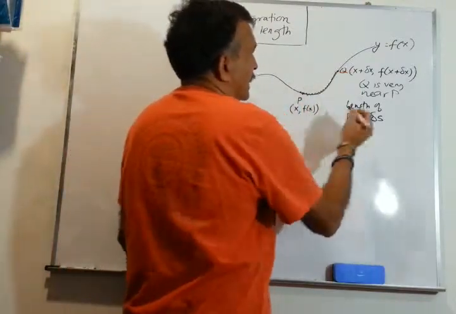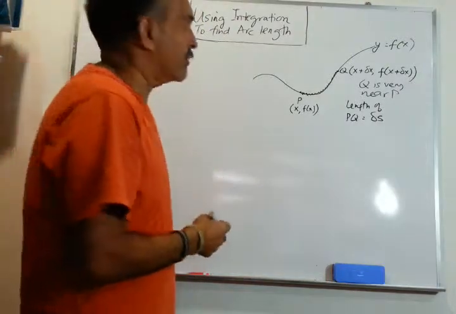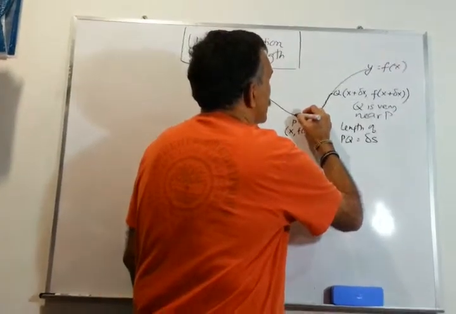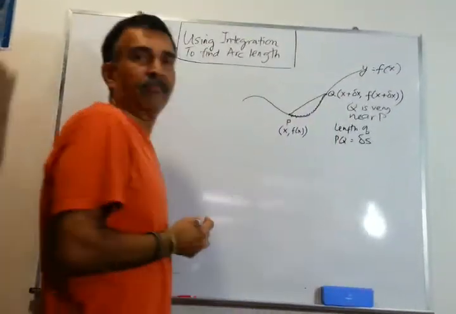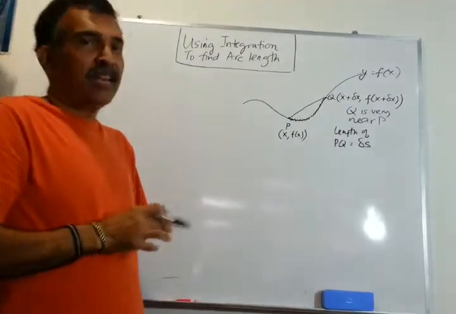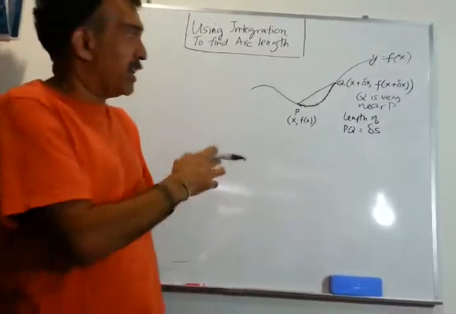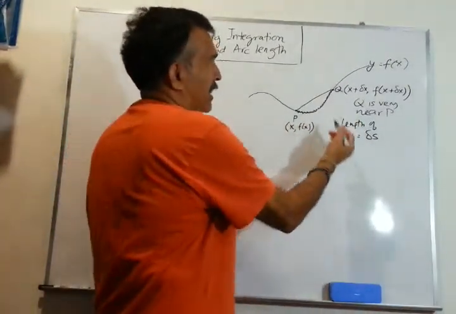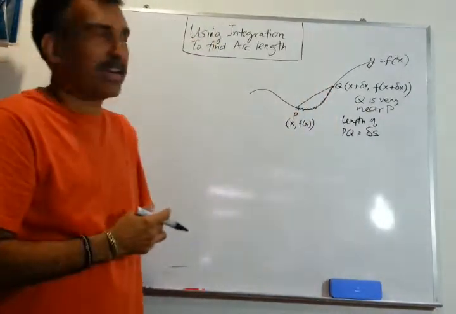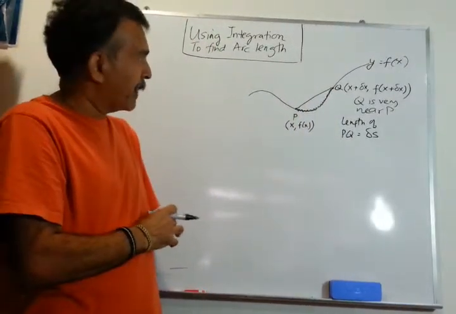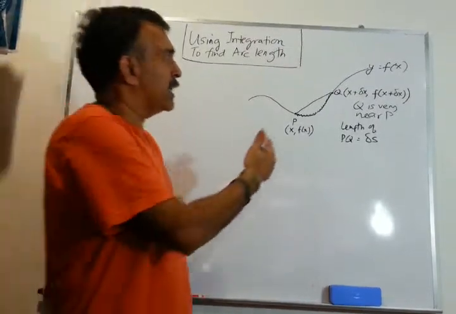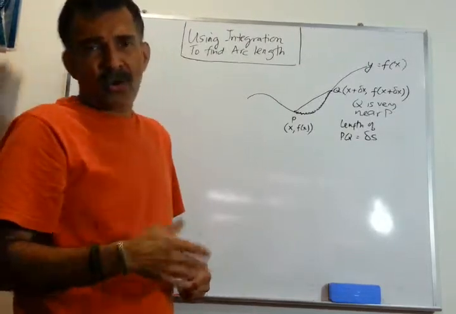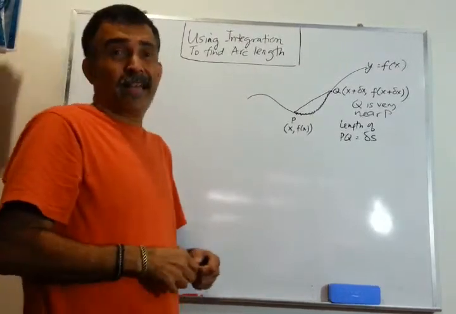Now what we'll do is, because Q is very near P, we will approximate this by drawing a line joining P and Q. Why don't we just go ahead and approximate this length by drawing a straight line connecting P and Q. This line PQ, some books call it a chord, some books call it a secant line.